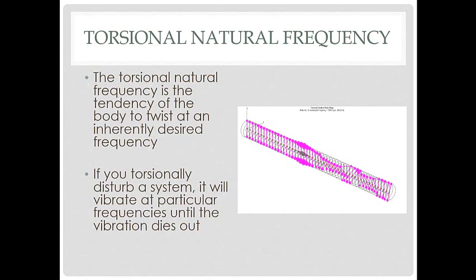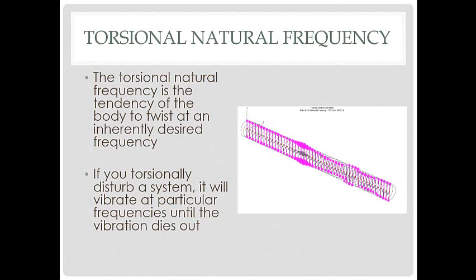And the frequencies at which this particular structure vibrates are usually the natural frequencies. So same situation in torsional systems. If you were to excite a system torsionally for a very short period of time, it'll twist back and forth at certain frequencies, and these frequencies are the natural frequencies.